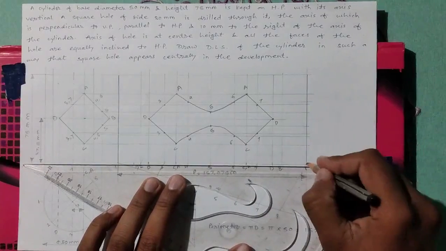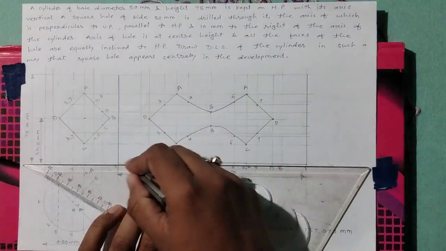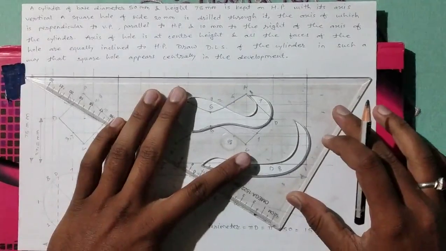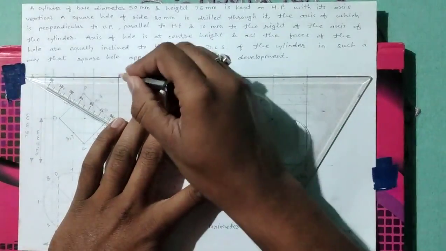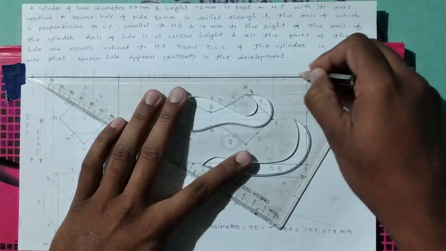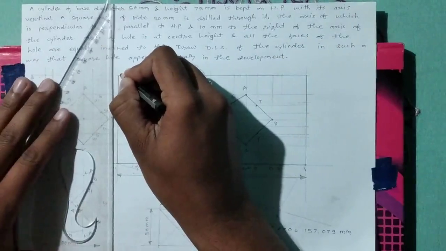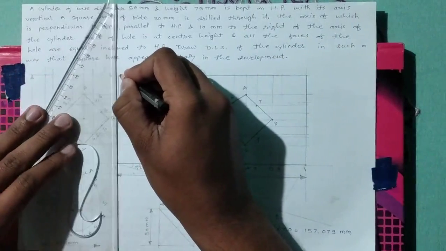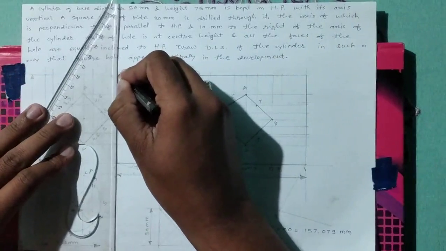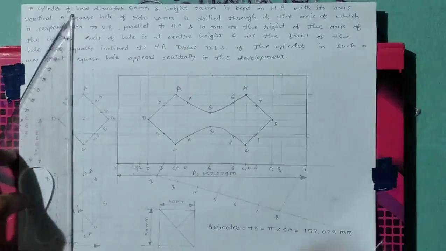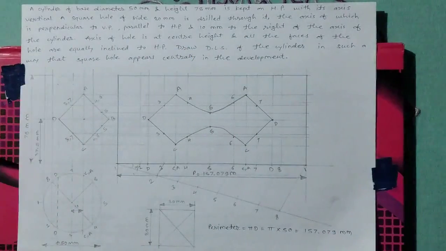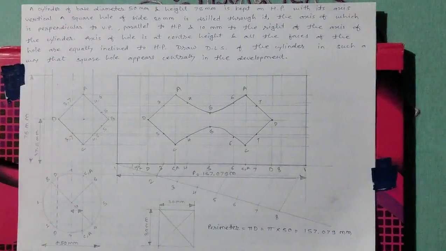It is the profile of the rectangle. It completes the development of the cylinder with square hole. Okay, thank you.